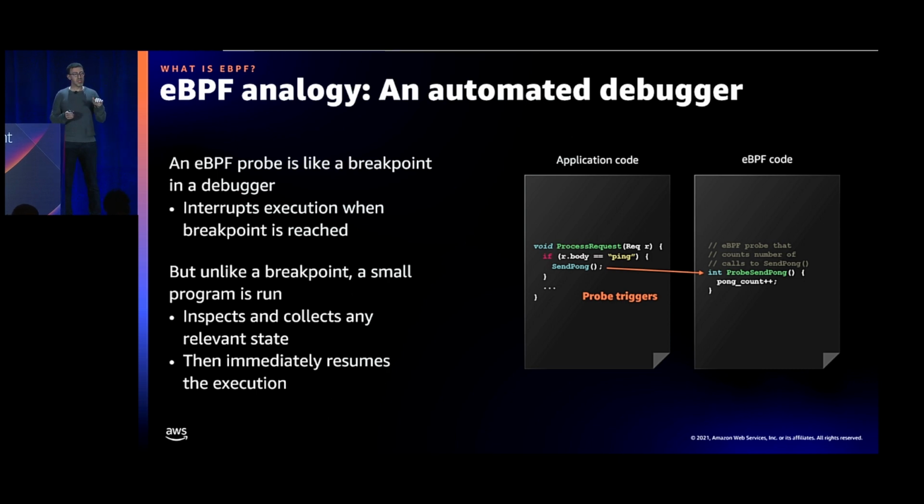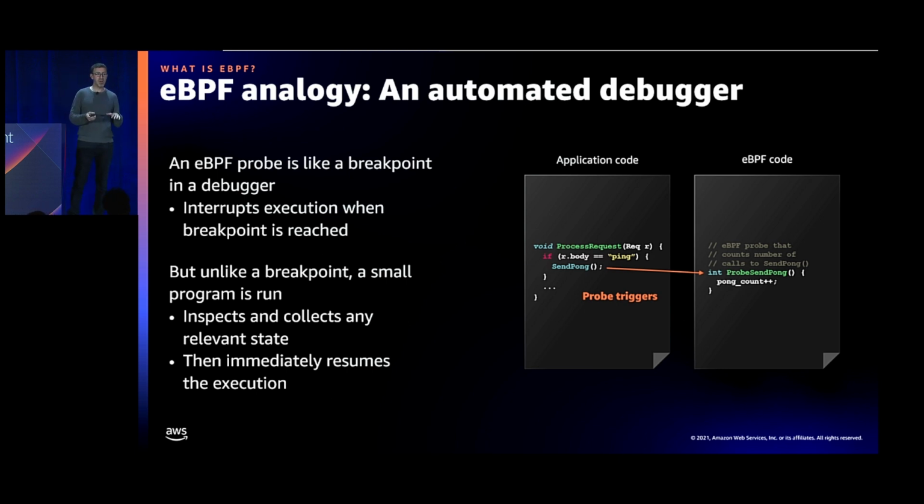When you reach that instruction in the code, it interrupts the execution of the program. But unlike a breakpoint in a debugger, where it stops and there's user intervention, it runs a BPF program. It's kind of like a script. You say, now that you've reached this point in the code, go and read the argument, store it in a certain location, push it out, and then immediately resume the execution of the program.